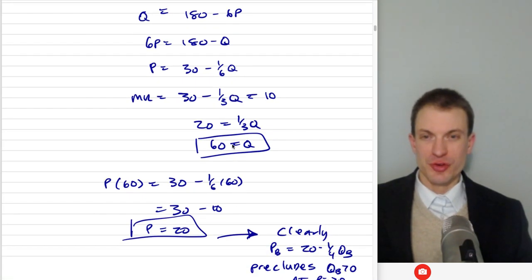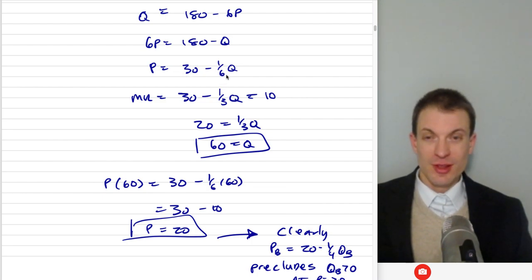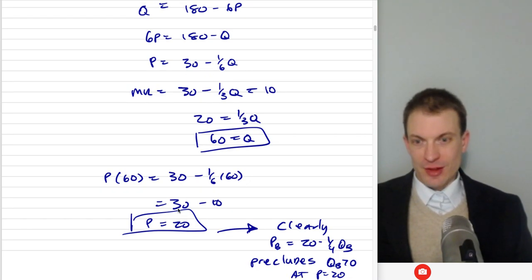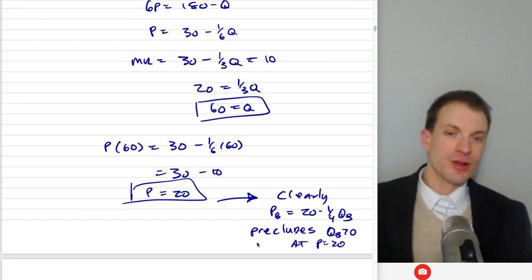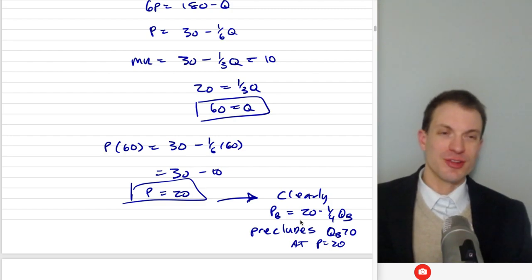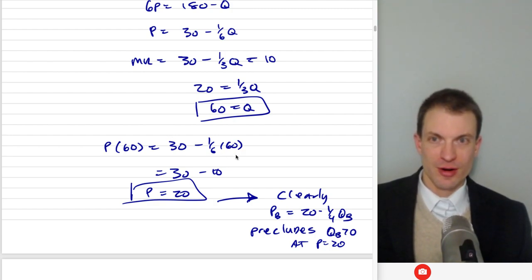Okay, let's find the associated price. I'm going to go up to my demand curve. It's 30 minus 60 divided by 6. So 30 minus 10, so price is 20. Clearly this price of 20 precludes actually selling in segment B. If I were to pool the two segments of the market together, the optimal quantity is going to be 60 and the optimal price is going to be 20.